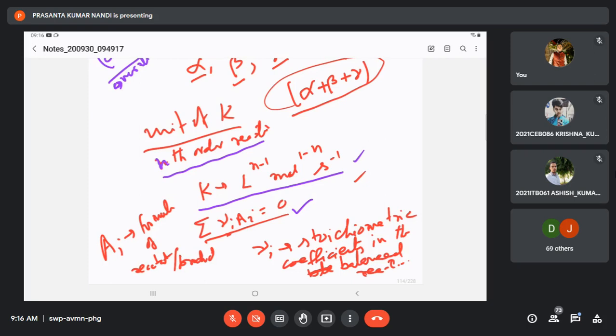It may be minute inverse, it may be hour inverse, any time unit, depending on the scale you are using. Okay. Say if I ask you what is the unit of the rate constant of a zeroth order reaction?